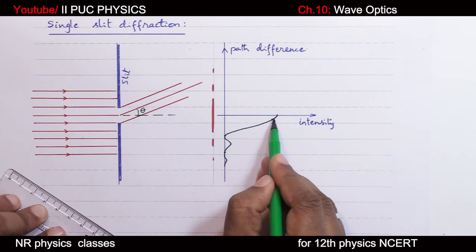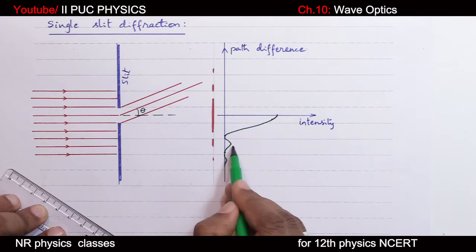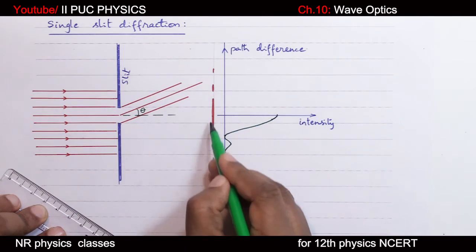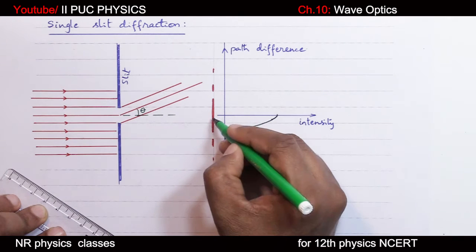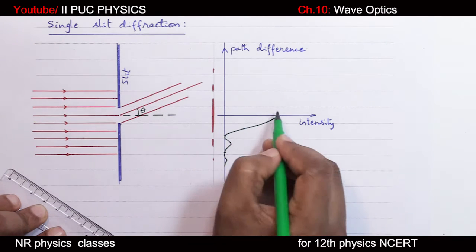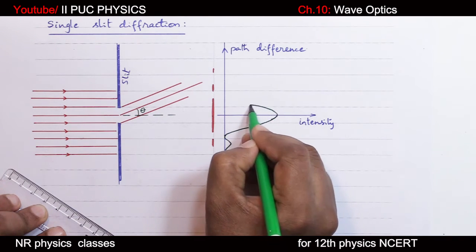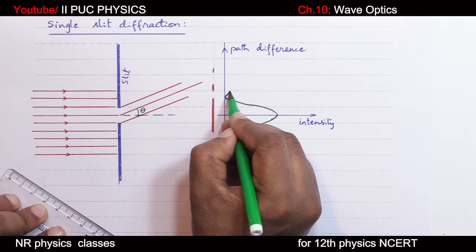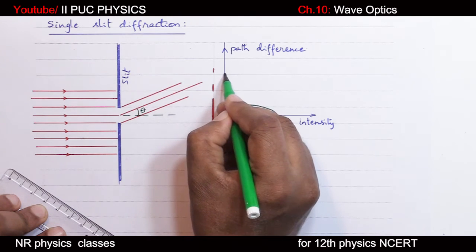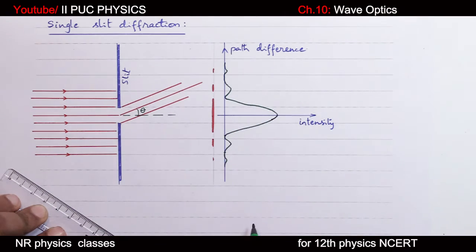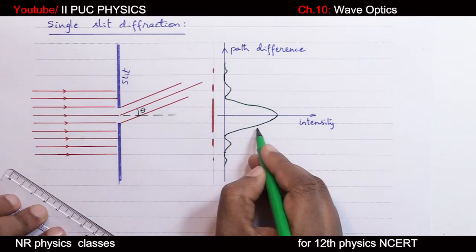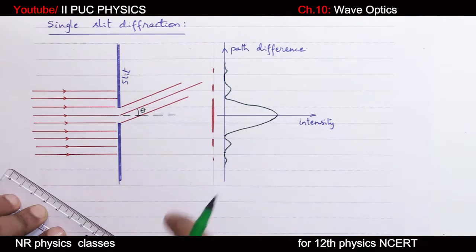See, the height of the intensity curve should decrease, nothing but intensity decreases as we move away from the center. On the other side also. So this is a graph of intensity versus path difference.